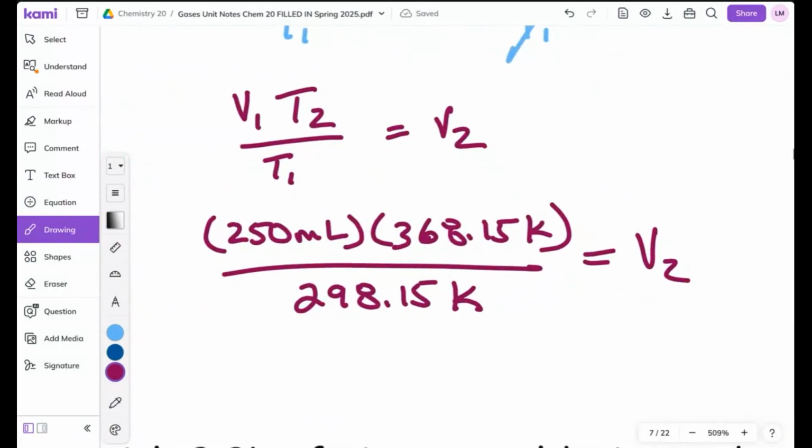Okay, so what's happening with the units here? Notice that we have Kelvin on the top and the bottom. That means that they're going to cancel out, and our units for volume is going to be milliliters.